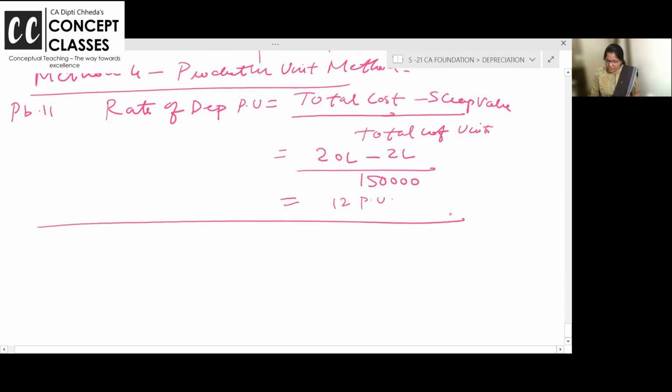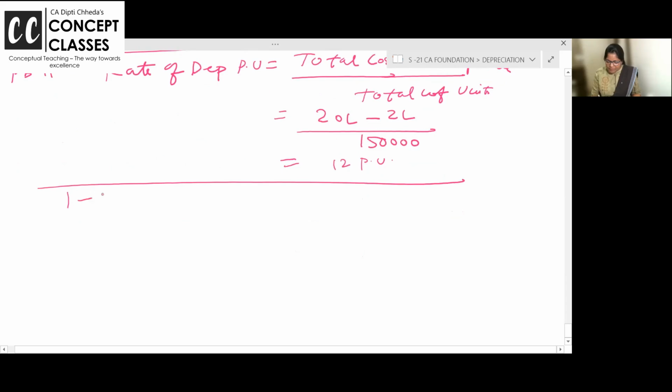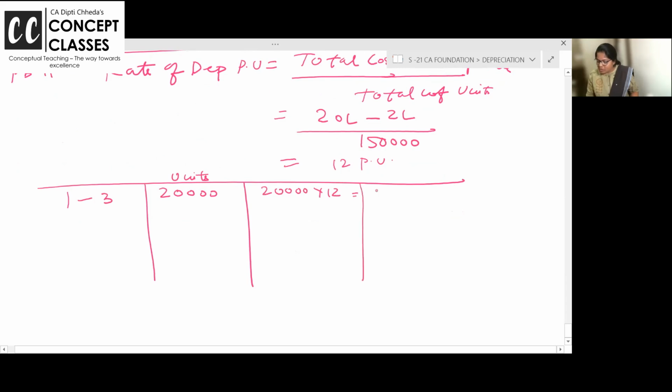And now annual depreciation you have to calculate. Statement of depreciation. First, 1 to 3 years. What is the production in units? 20,000. According to the number of units produced, you can charge depreciation. 20,000 into 12, that is 2,40,000.